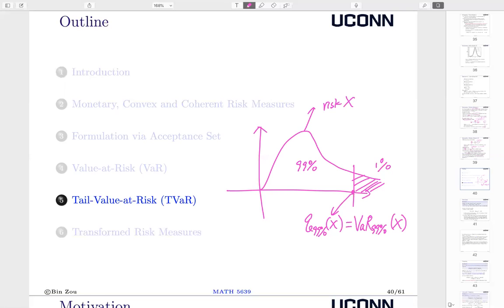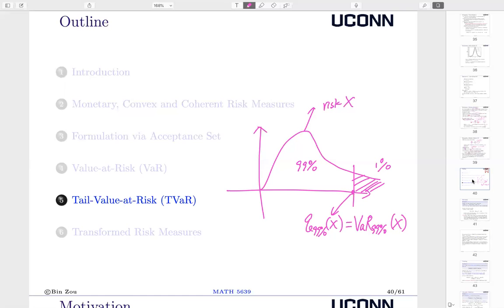The tail part is truly the worst scenario to the company, and in this particular graph, I assign 1% to the disastrous scenario. Then there will be a number that separates everything into 99% and 1%. That 1% is the disastrous zone. So to recap, VaR is nothing but a threshold.